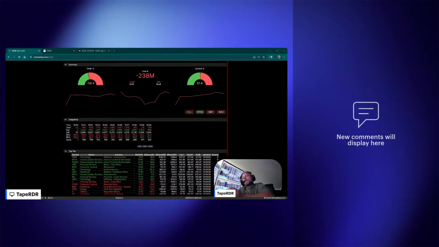And I want you guys to know from the very beginning that MOC is not easy to do. You have to be very fast. You have to put in the correct orders. You have to know what's a good imbalance, what's a bad imbalance, what's a normal one. It's not one of those things where you can just see an imbalance and go, okay, that's a big imbalance, let's take that. So there are some particulars to it.